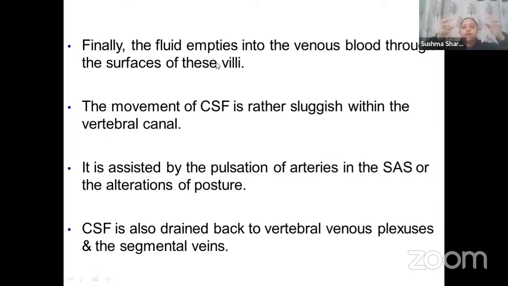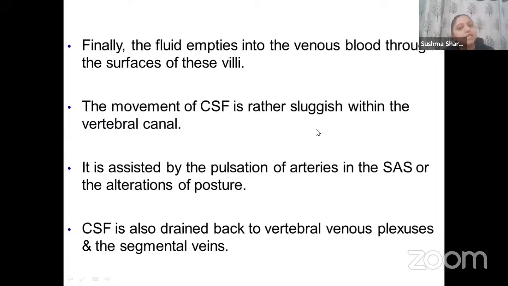From the arachnoid villi, they emptied into the cerebral venous sinuses as well as the dural venous sinuses, and then through the sinuses, the entire fluid gets emptied into the venous blood. Then it comes out of the cranial cavity like any other normal fluid.